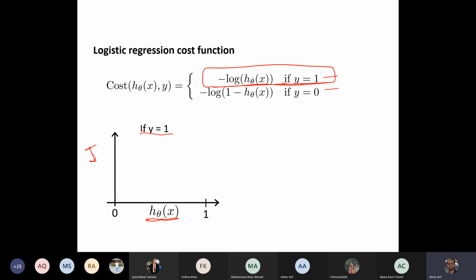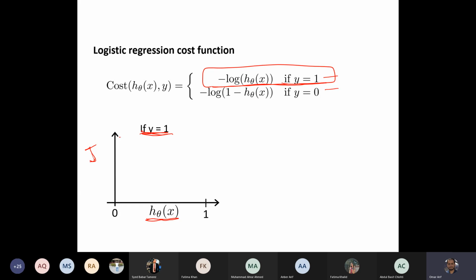If I know the ground truth is 1, that the class of y for that x is 1, but my prediction is 0, then the cost should be high. It should be higher, right? So I expect to have something like this. This is what I want.